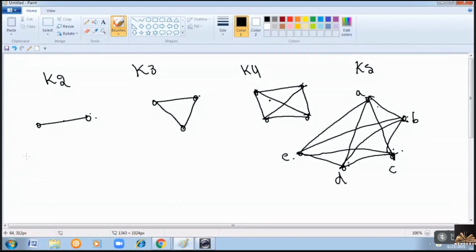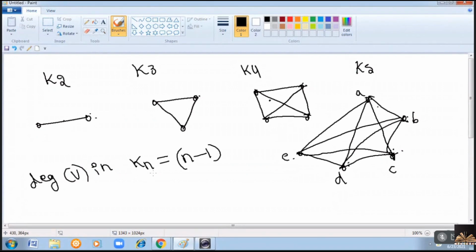One more point to be remembered in a complete graph is that the degree of a vertex is equal to n minus 1. That is, the degree of all the vertices in a complete graph is the same, and that should be equal to n minus 1, where n is the number of vertices. Clear?